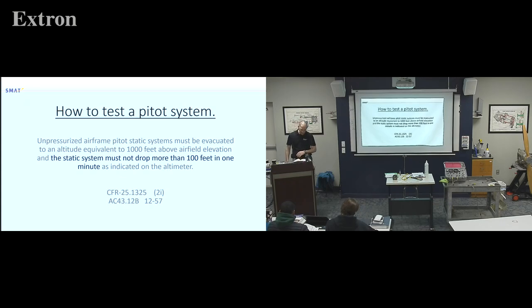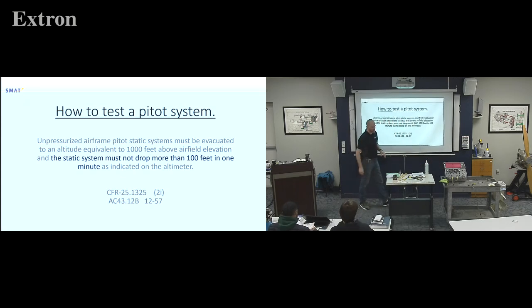But 1257 will say testing the pitot system and testing the static system. The pitot system test, it'll explain it with this. I already did that. We'll walk out to the 414 and do that a minute later. The other way is if you have a fancy box like this.